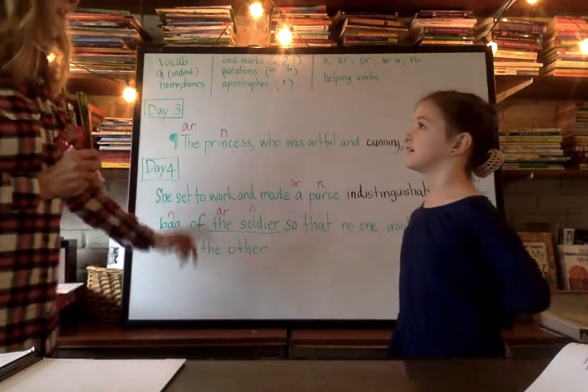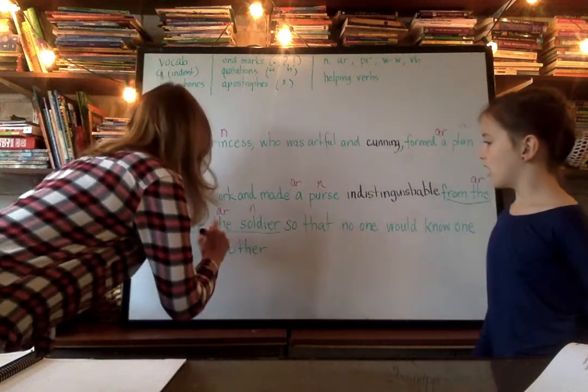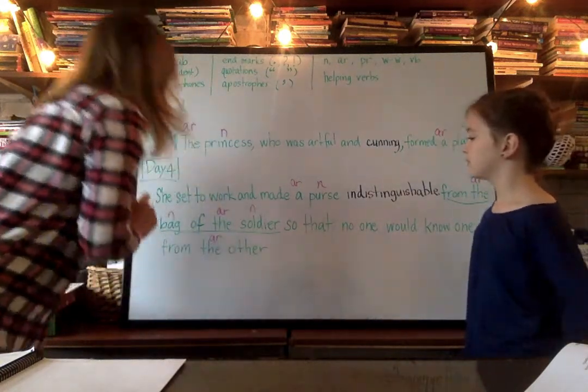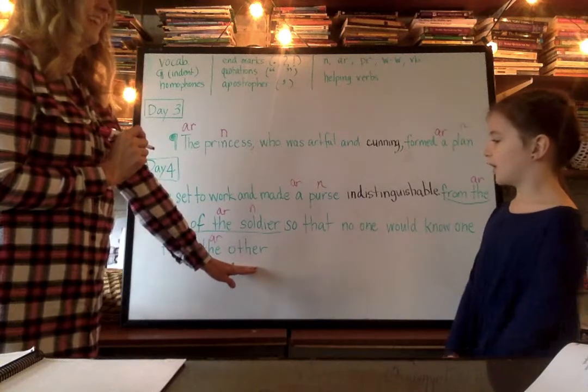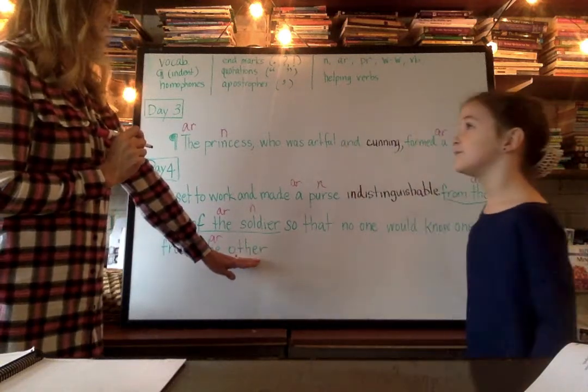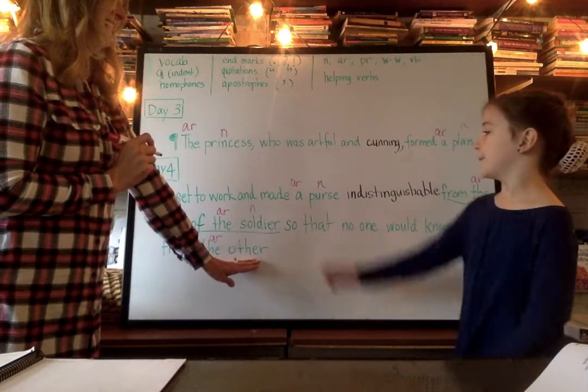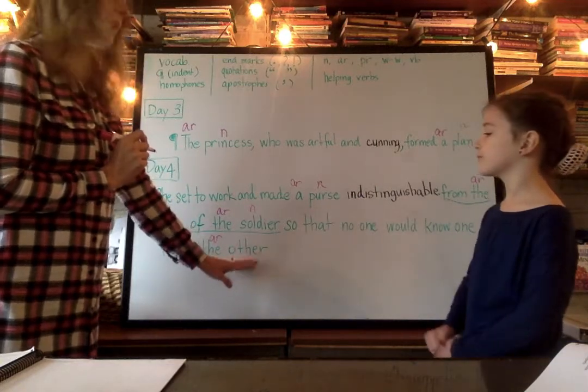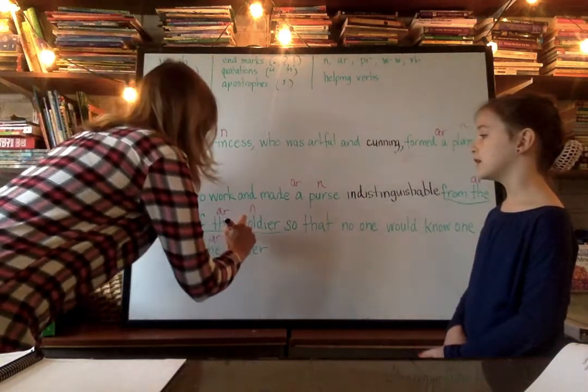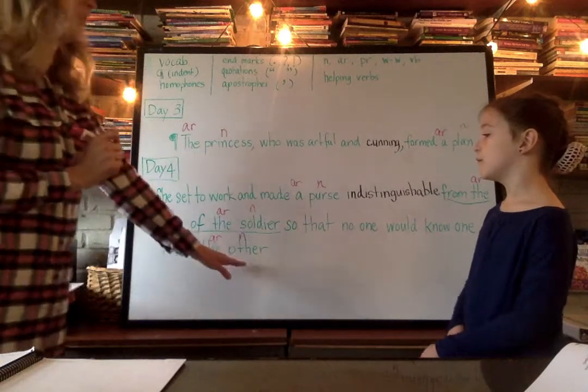The. Very good. So what part of speech is the? Article. Very good. The what? The other. Okay, the other what? Purse. Very good. So purse, or other, is actually a noun in this case, and how do we know?